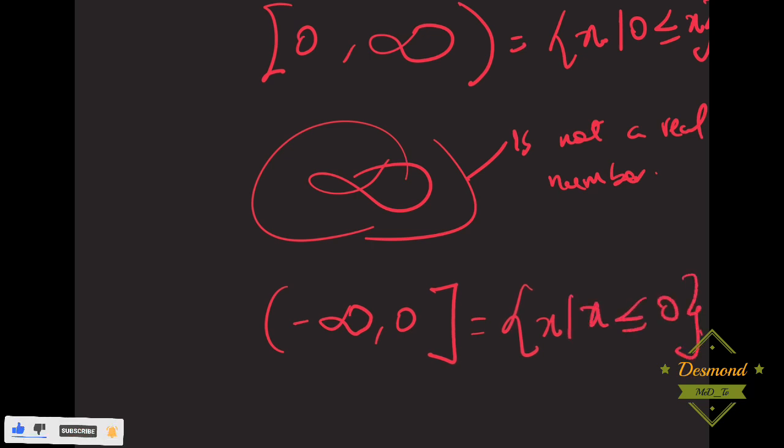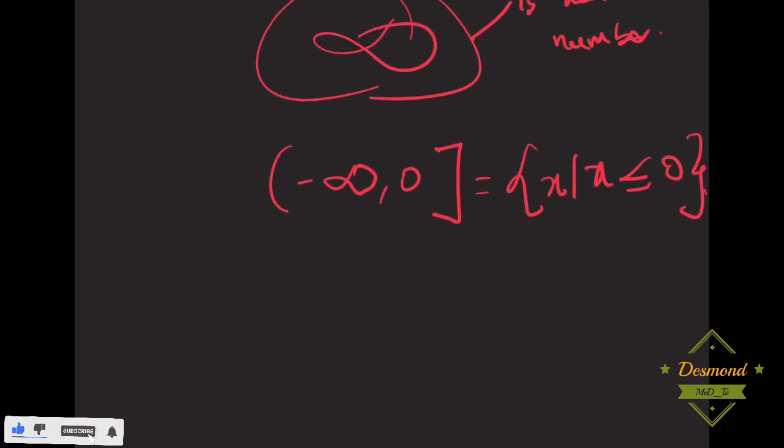The negative infinity notation indicates that we are including all numbers less than or equal to 0, no matter how small.